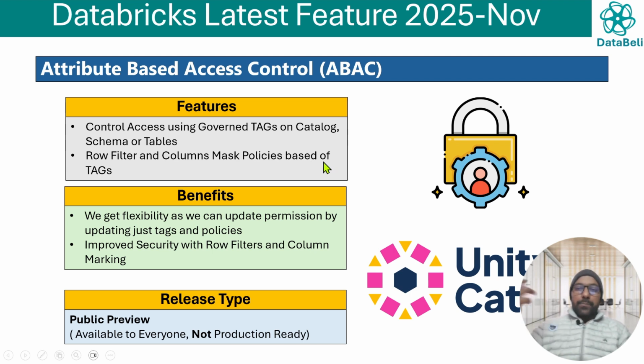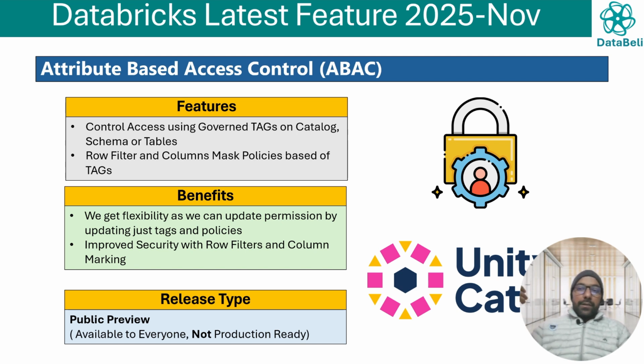What it means is, we create a policy, let's say for whichever column has the tag country equals US, apply the row filter country equal to US only.